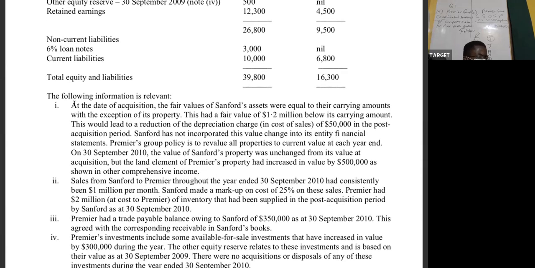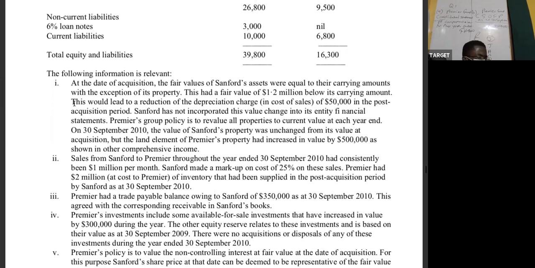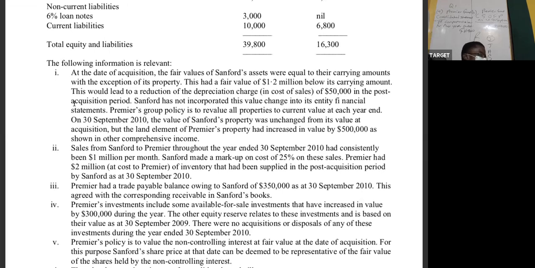Now let's go to the footnotes, the important stuff. The following information is relevant. At the date of acquisition, the fair values of Stamford's assets were equal to their carrying amount, with the exception of its property.